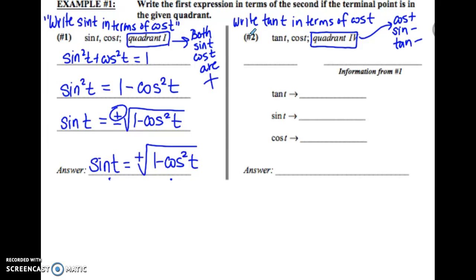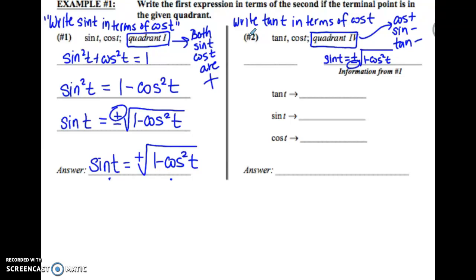Okay, we're going to pull some information from the answer to example 1. Remember in example 1, we found that sine of t was equal to plus or minus the square root of 1 minus cosine squared t, right? Although since we are in quadrant 4, we know that we're going to be using the negative part of that, okay?